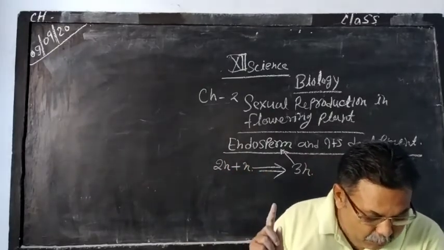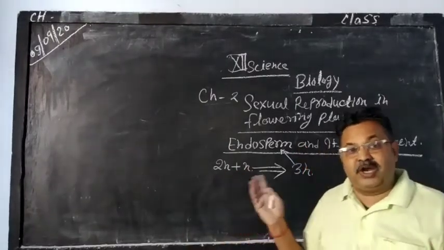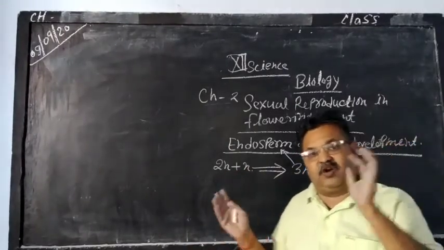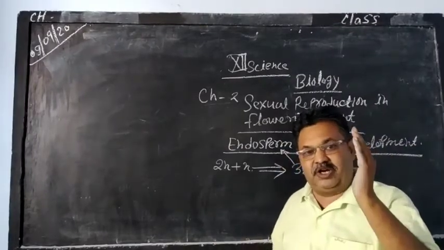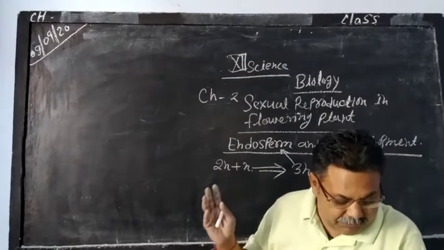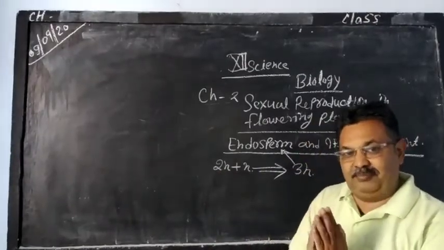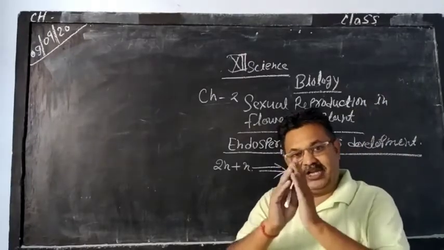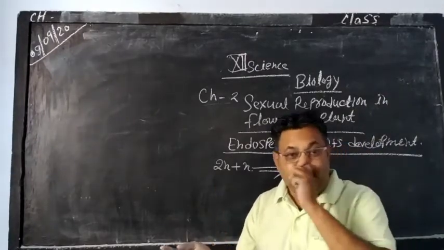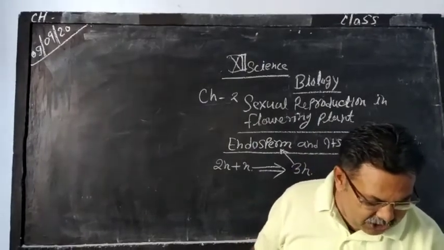Second one, monocot embryo has only one cotyledon. It means its cotyledon is only one part. But dicot embryo contains two cotyledons, such as gram. Gram contains two cotyledons. Next one is the position of plumule.